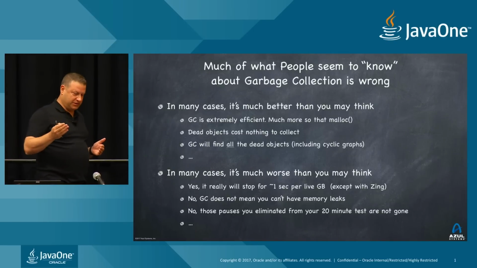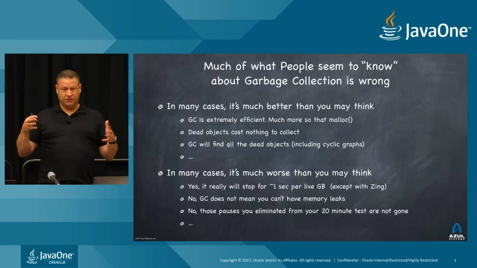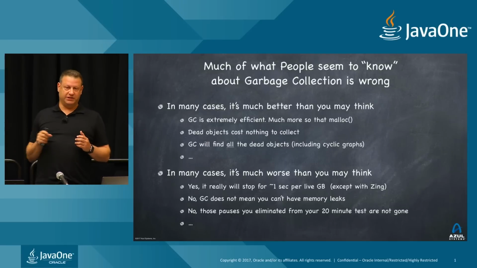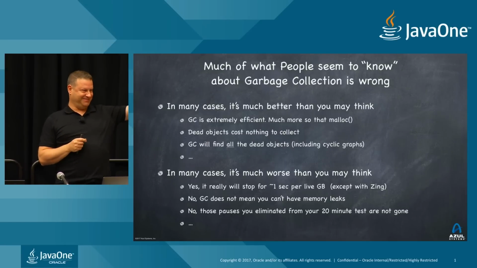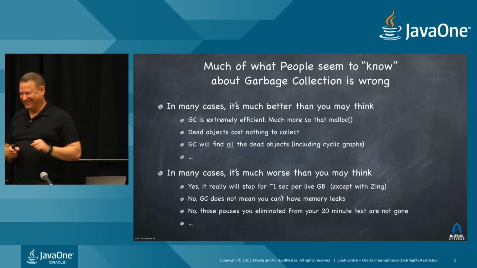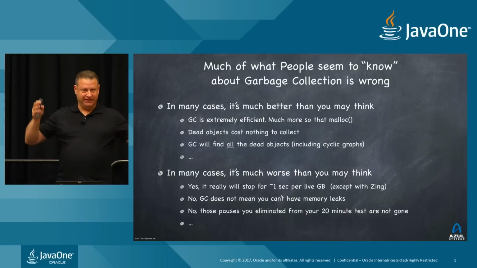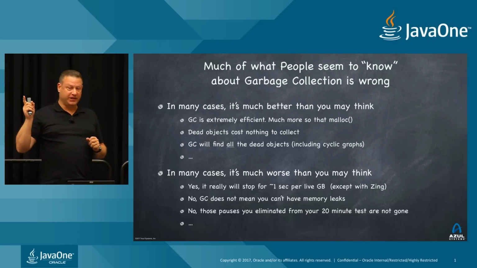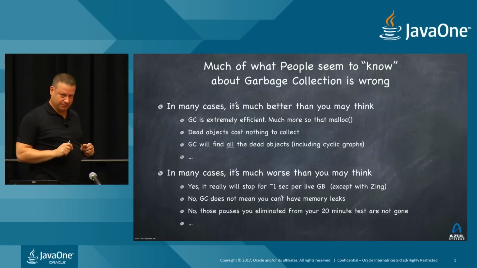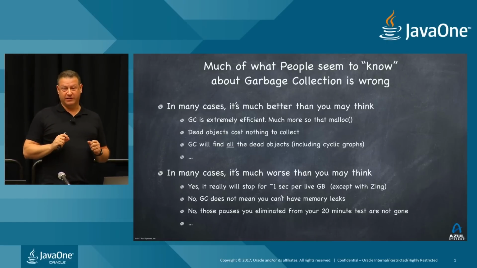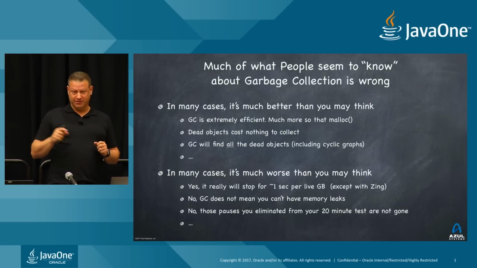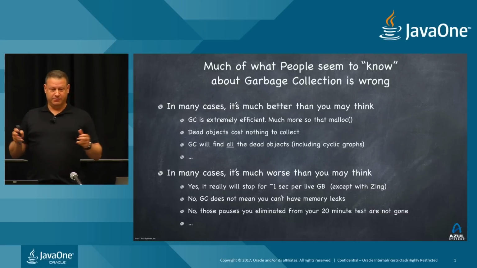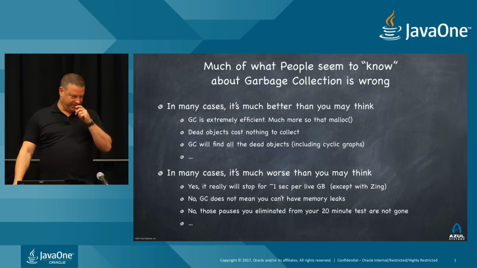And yes, there are some collectors which will actually not do that. Zing is one example. There are others in the works. Hi, Shenandoah. Yeah. But fundamentally, if you're doing compaction and stop the world, you will see this pause. You cannot get away from it. I don't care what other people tell you. Now, you might be able to get away from it for an hour or a day or a week, but it is there. It's just swept under the rug.